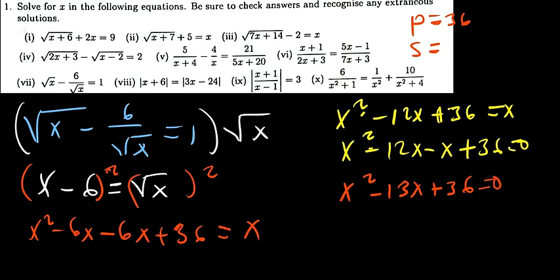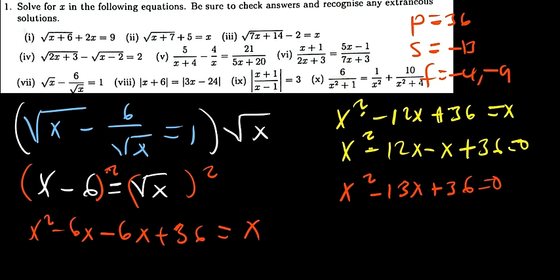So the product is 36. The sum is negative 13. What are the factors? The factors should be negative 4 and negative 9. Because negative 4 times negative 9 is 36, and the sum is negative 13.